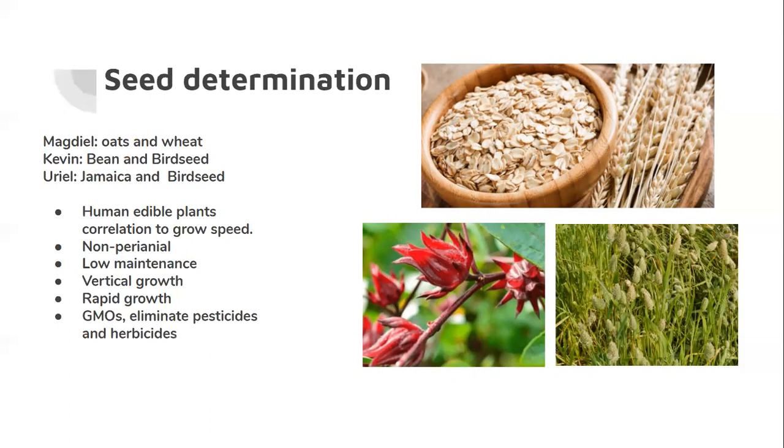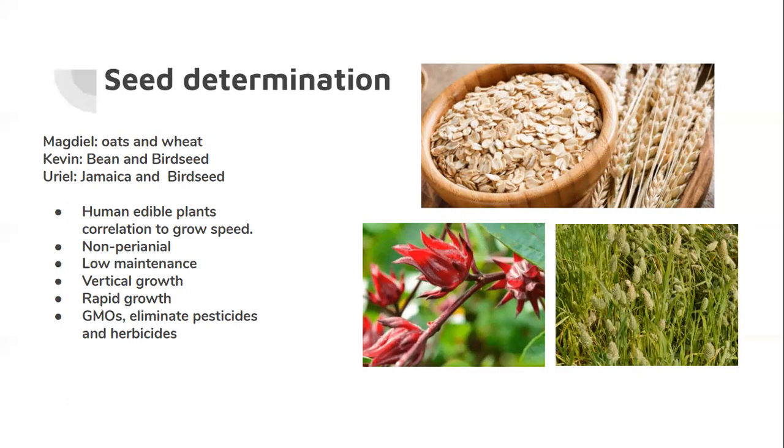human edible plants, and this is a direct correlation to growth speed because for evolutionary purposes, they grow quicker and they are also non-perennial plants. This means that their life cycle is very short and in turn has a rapid growth rate. They are also very low maintenance and most of them have a vertical growth.